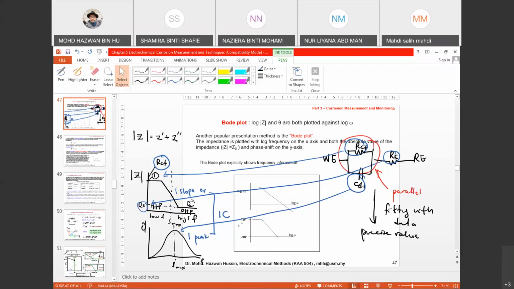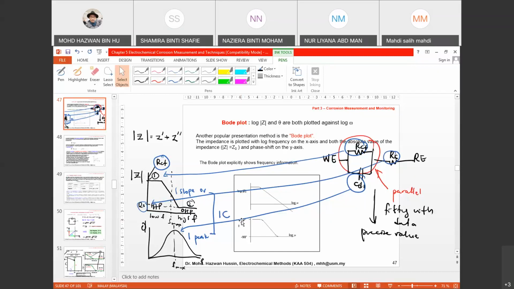But at least with this explanation, I hope you understand the purpose of understanding the circuit design. Once you get the data, you need to fit it with a model so that you get the values. You cannot read the values manually, because it is all a mathematical expression. The best way is to fit it with a model, then you can get the values.